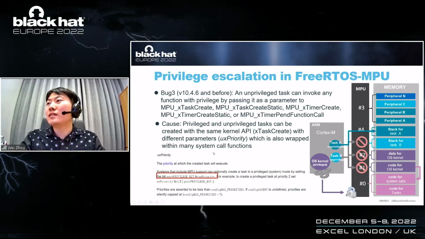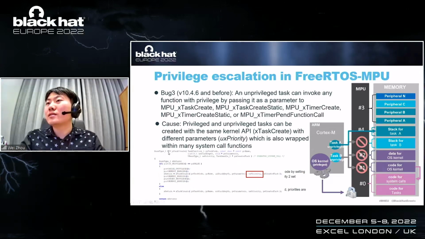The problem is that an unprivileged task can also call these create task functions through the MPU wrapper, and this function has a parameter that indicates whether the task is privileged or unprivileged. So the unprivileged task can call this system call to directly create a privileged task.